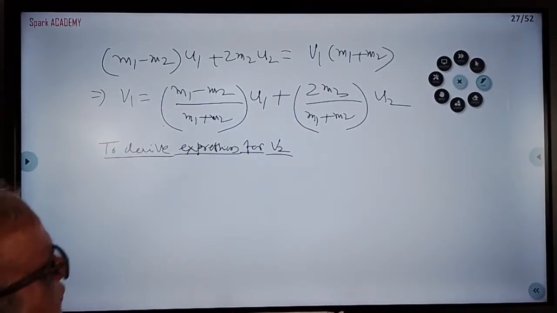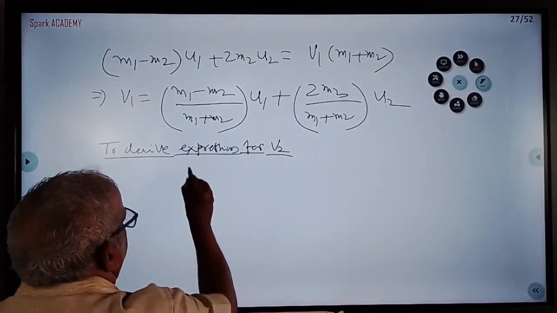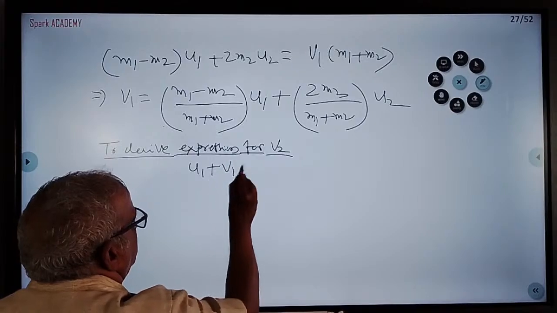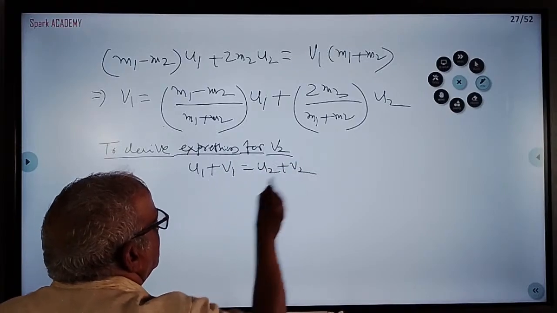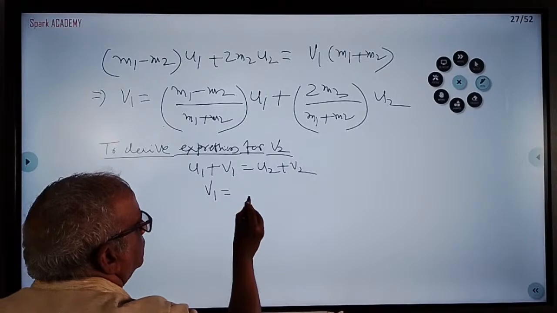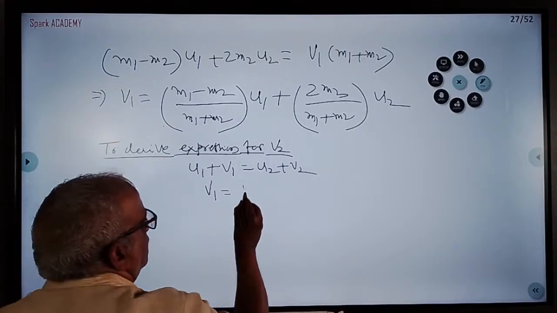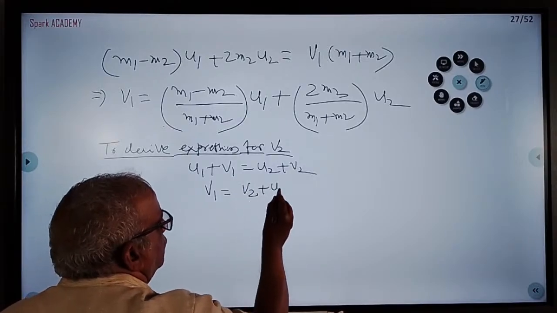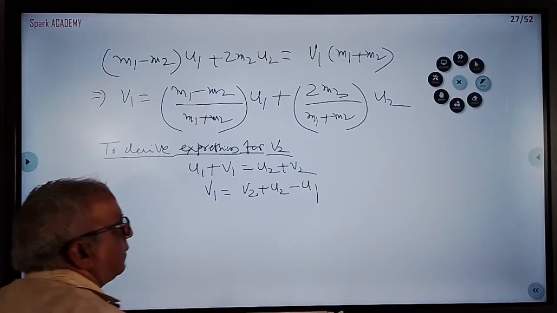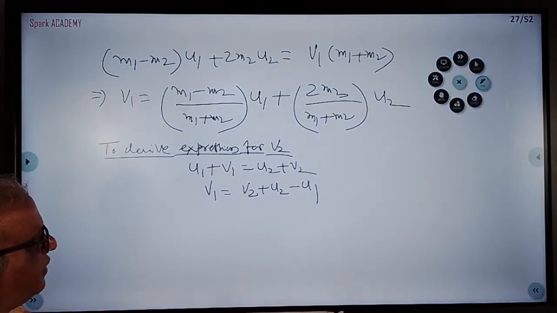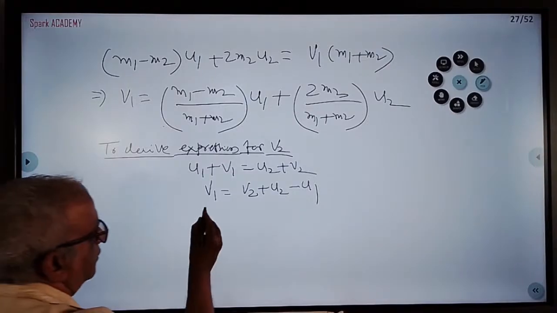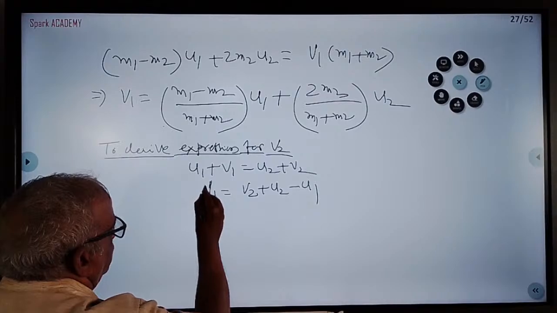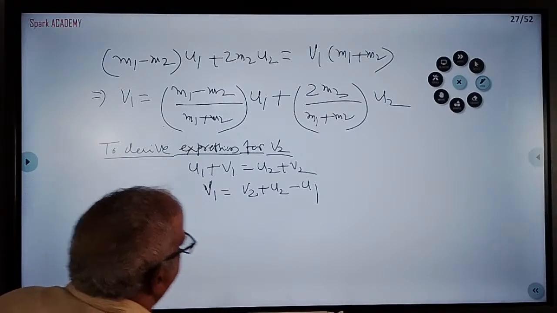To derive the expression for v2, again you take the fifth expression, u1 plus v1 equals u2 plus v2. From that, you eliminate v1. So v1 is equal to v2 plus u2 minus u1.